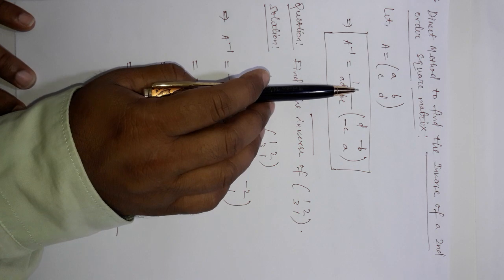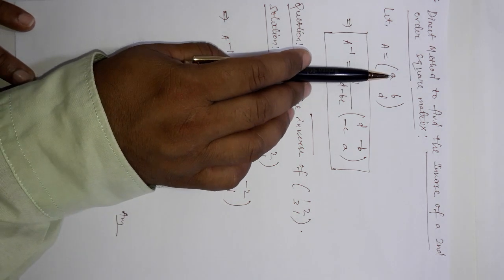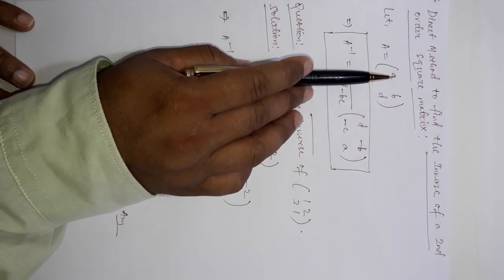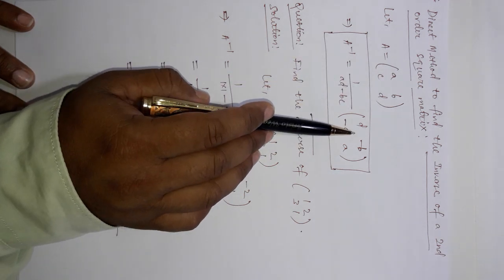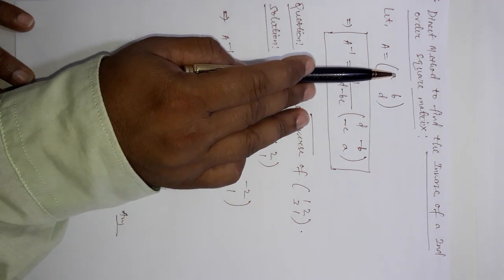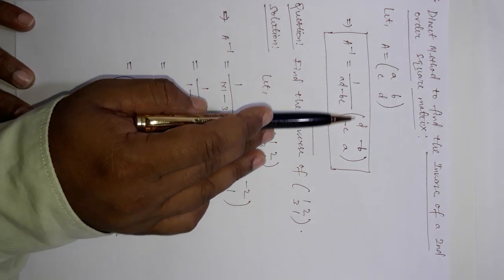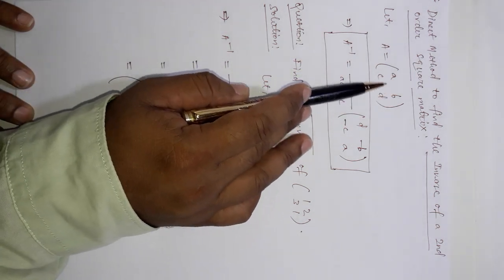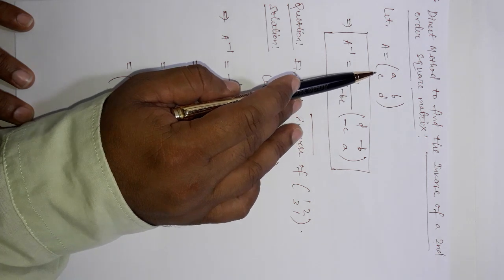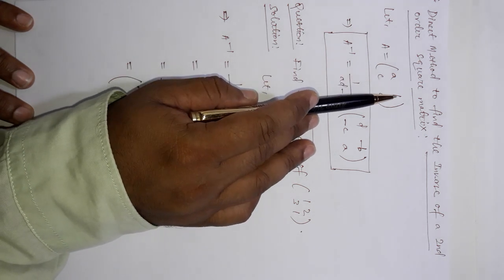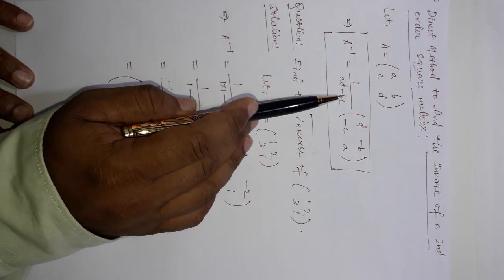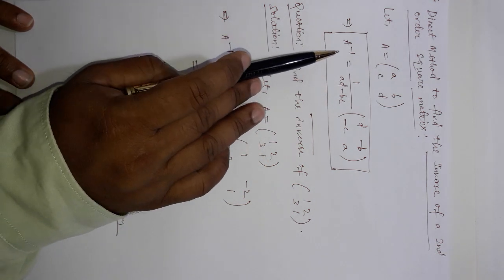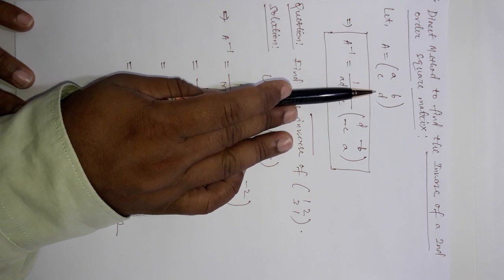To remember it quickly, let me tell you that there are two diagonals, left diagonal and right diagonal. Left diagonal elements, you interchange the elements, take d in place of a and a in place of d, and right diagonal elements you do not change the position, but only change the sign of the elements. b becomes minus b and c becomes minus c. So, remember friends, the formula is very simple for a second order square matrix.